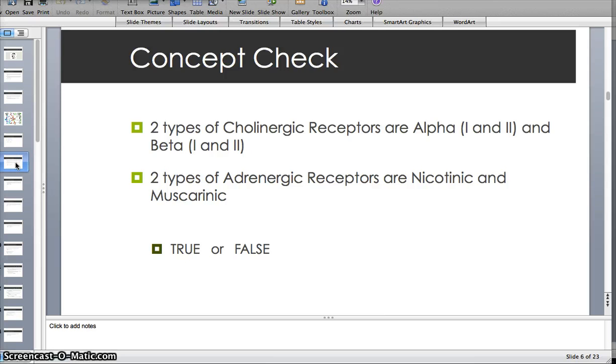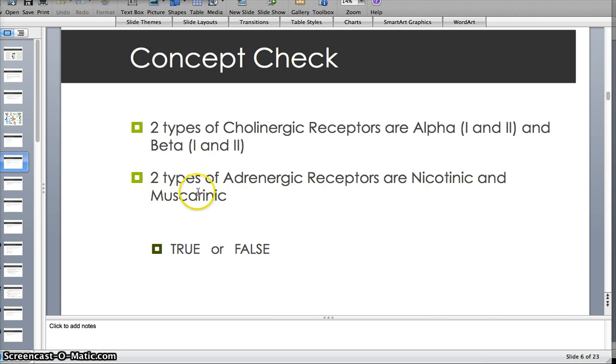Next question. Two types of cholinergic receptors are alpha 1 and 2 and beta 1 and 2. And the two types of adrenergic receptors are nicotinic and muscarinic. All right, now this is going to be false. So if you reset this vice versa, the two types of cholinergic receptors are nicotinic, which we're going to find on those postganglionic cell bodies in both branches, and muscarinic.